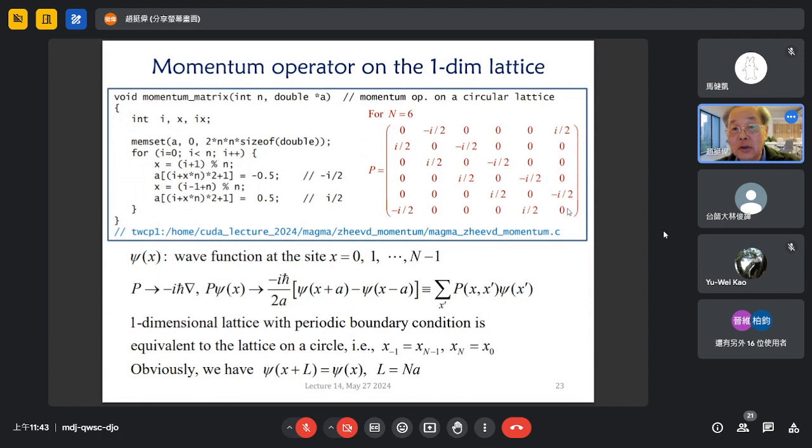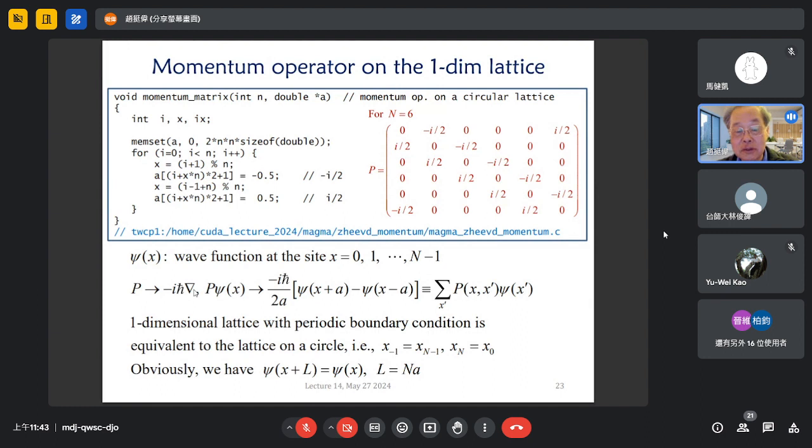You can see this is a Hermitian matrix, right? This gradient operator is antisymmetric, and since I multiply it by i, it is complex.